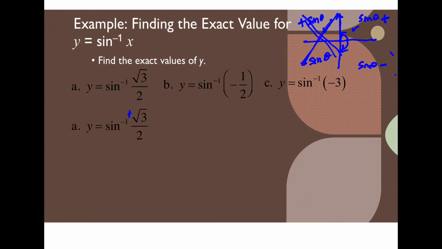So when I see a positive arcsine, I know that the angle I'm after is the angle that'll be in the first quadrant. Therefore, the arcsine of root 3 over 2 is going to be pi over 3, or 60 degrees.